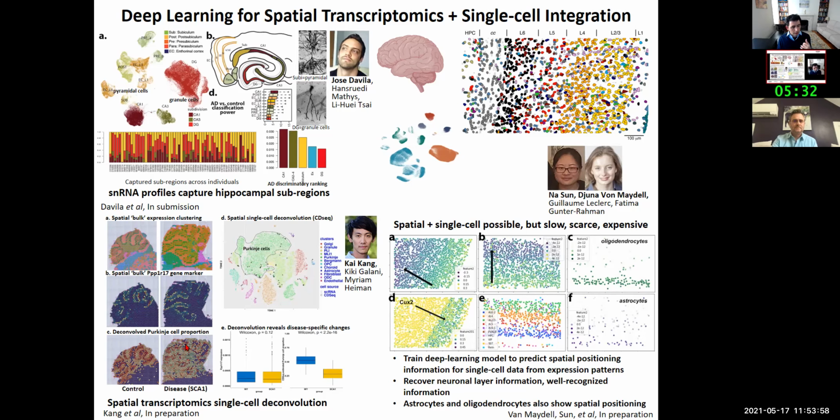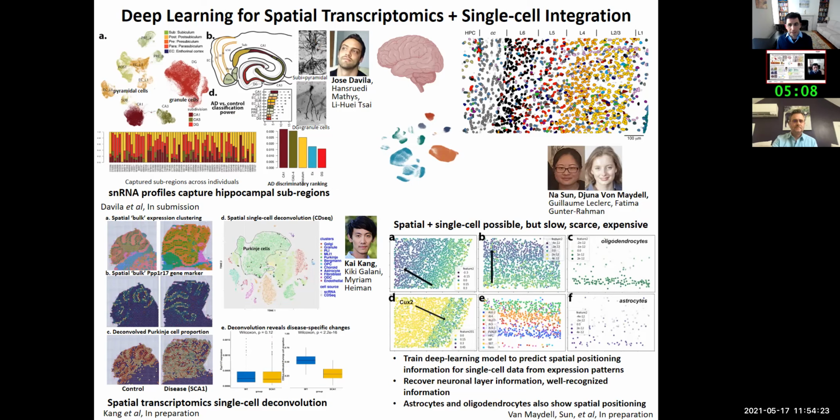For example, in the cerebellum of SCA1 mice, we see this dramatic loss of Purkinje cells that is simply not visible if you use instead the cell type marker of PPP1R17, which appears to be normally distributed, but the identity of these cells appears to be lost and dramatically reduced.